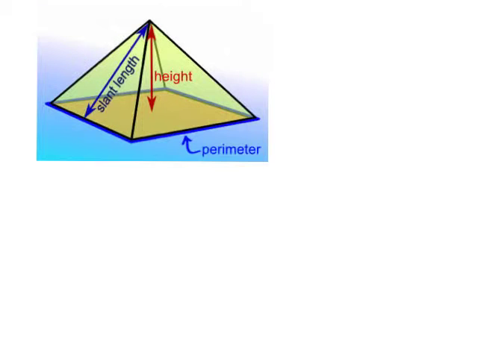Another example. In this case, we really don't need the height of the pyramid, just the slant height. And what we're going to use is 10, 10, and then for a slant height, we'll use 8. Everything is going to be in centimeters.